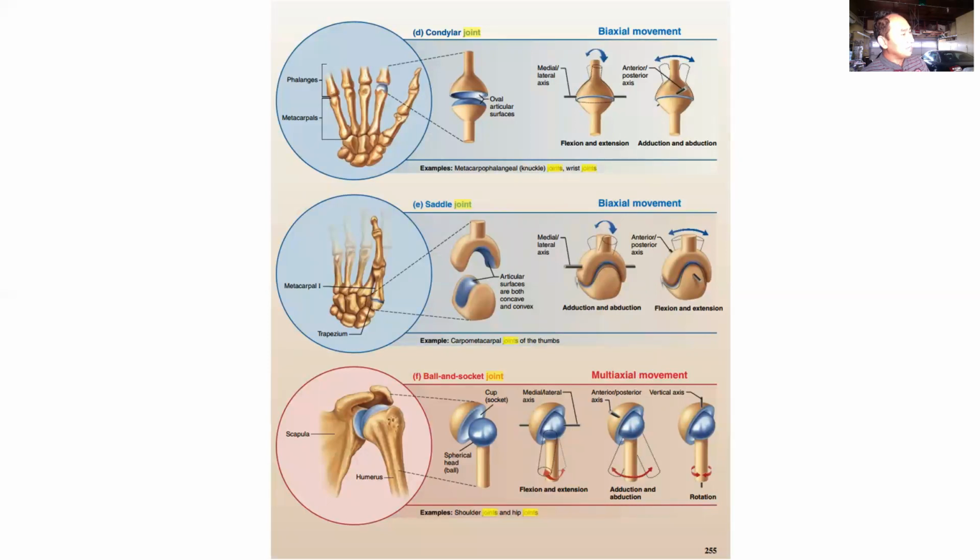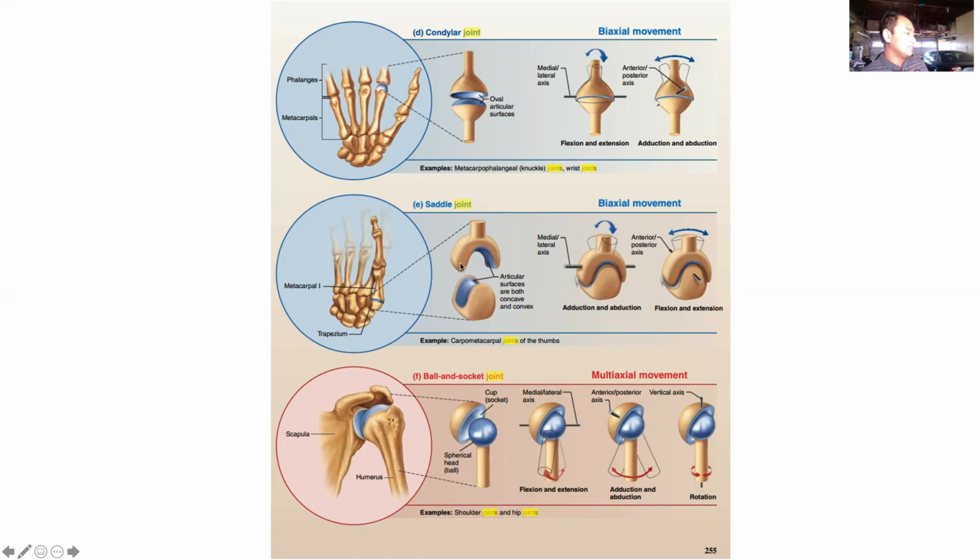Condylar joints are somewhat similar to ball and socket, but they are not as deep. One is a dome, one is a socket, similar to ball and socket, but much shallower. Those joints in our fingers are the condylar joints. Saddle joint. If you look at the picture, you will see something like a saddle, the saddle of a horse, and you are putting the saddle on top.